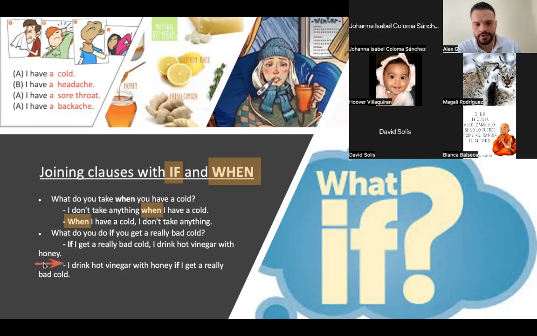Very good. Or, I drink hot vinegar with honey if I get a really bad cold. Excellent, Joanna. So you can see that we can use if at the beginning of a sentence, or if in the middle of a sentence when we want to connect two ideas.